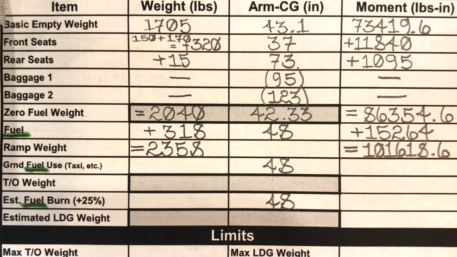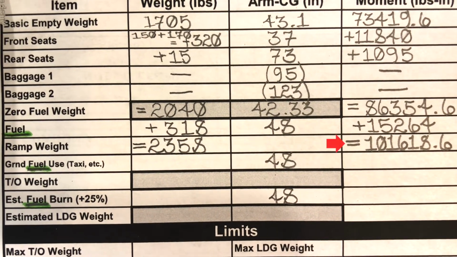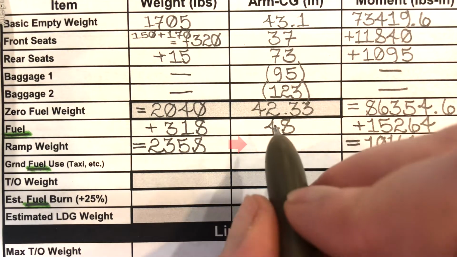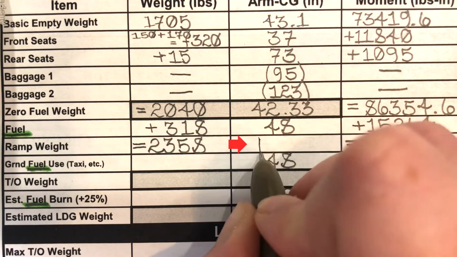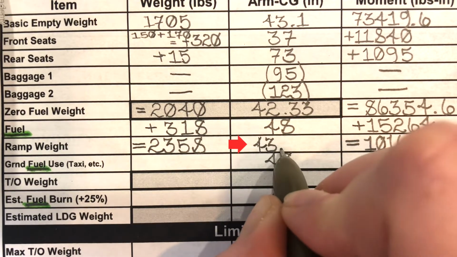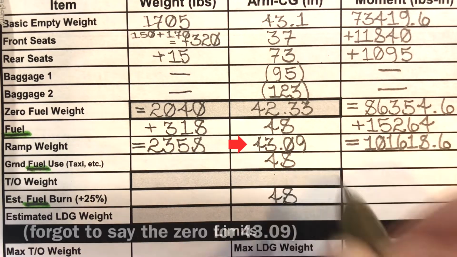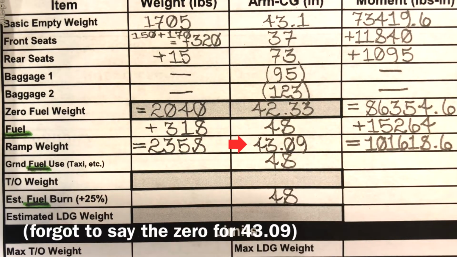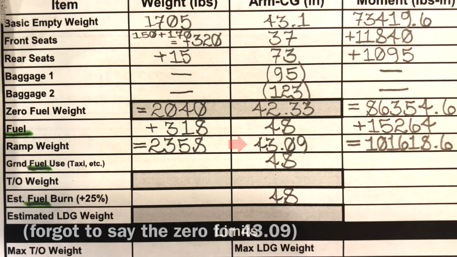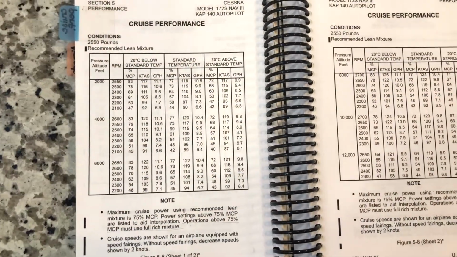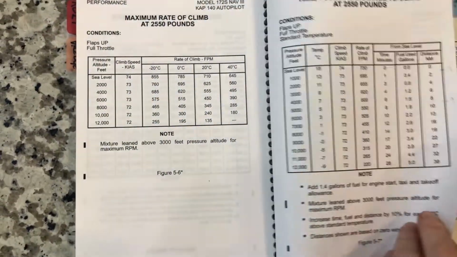Now I divide the moment by the weight to get the ramp weight arm, and I come up with a total of 43.9er. And yeah, 9er is really fun to say. The more you do it, the less weird you feel about it. So I just say it. It's a good time.